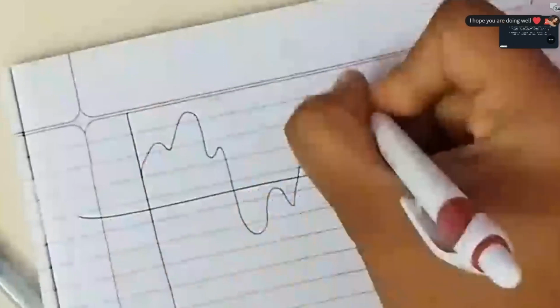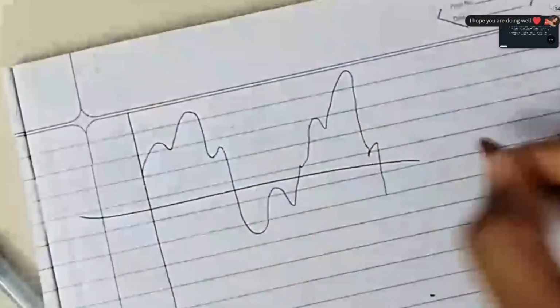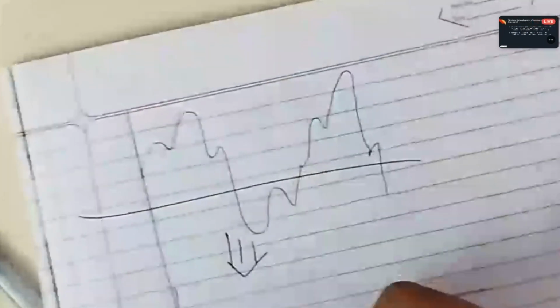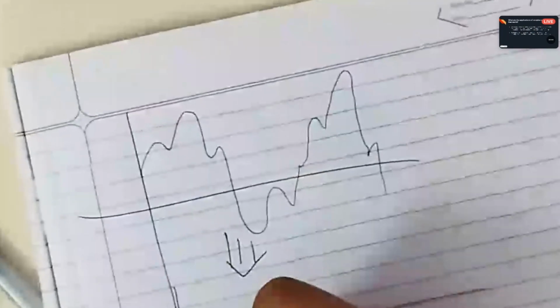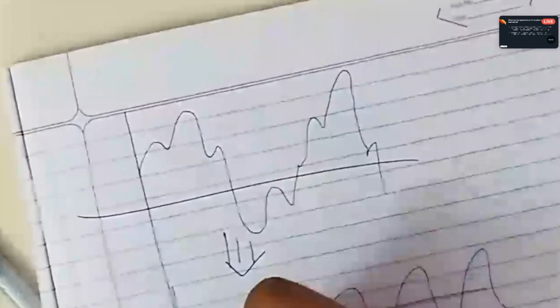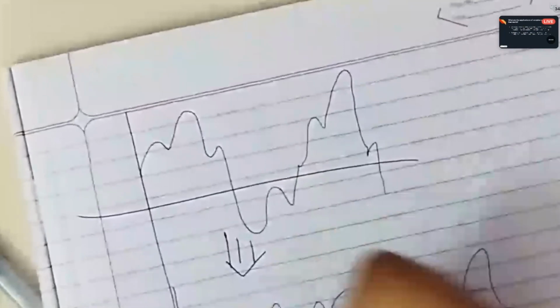It will be periodic, but it will be random. But what Fourier transform does is it breaks it down into a sum of sine waves with different frequencies.